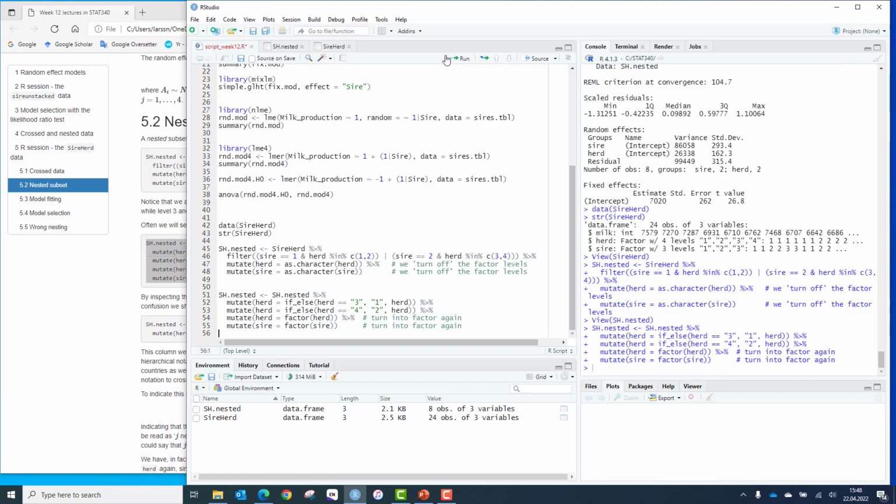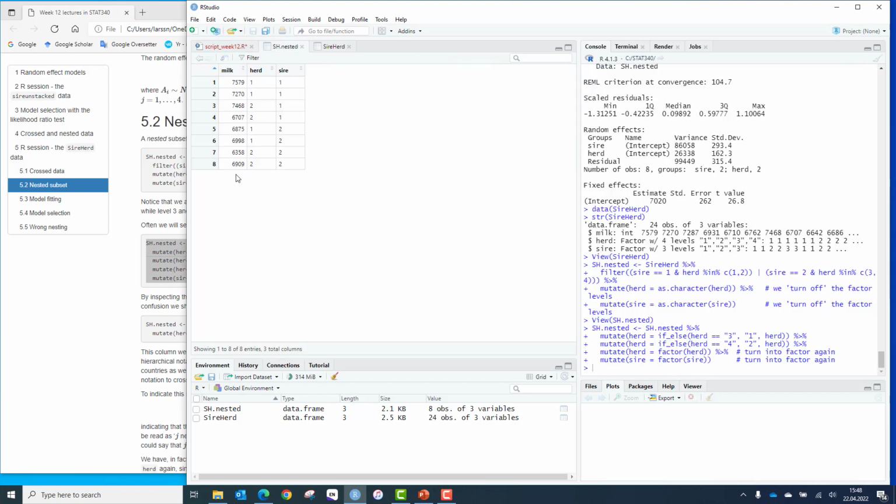So let me run this line of code. This is how tables like this sometimes look, right? And notice now that if we just see this table here, it looks as if the data are crossed. Now we lost this nesting information here. So that must be given to us outside the data table, that herd is nested in sire.